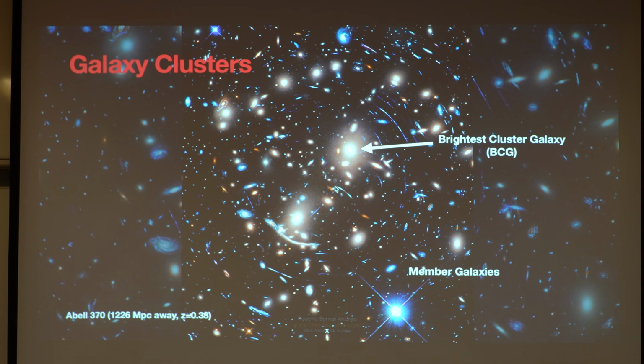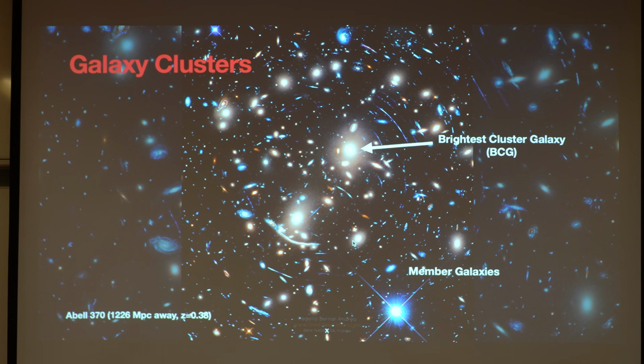All these other galaxies that look really nice, like these spiral galaxies, are not member galaxies. Only the ones with similar red colors here are the member galaxies. A lot of people are working on trying to identify which are the member galaxies, where the cluster members are, and what the cluster is.